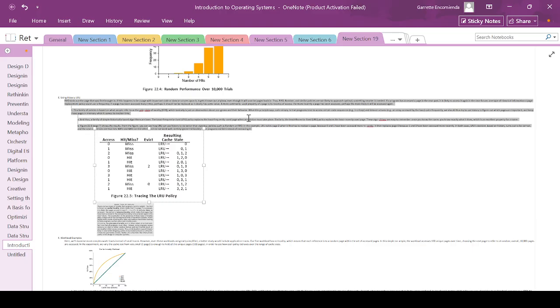Thus, FIFO, random, and similar policies are not likely to approach optimal. Something smarter is needed. If a program has accessed a page in the near past, it is likely to access it again in the future. One type of historical information a page replacement policy could use is frequency.